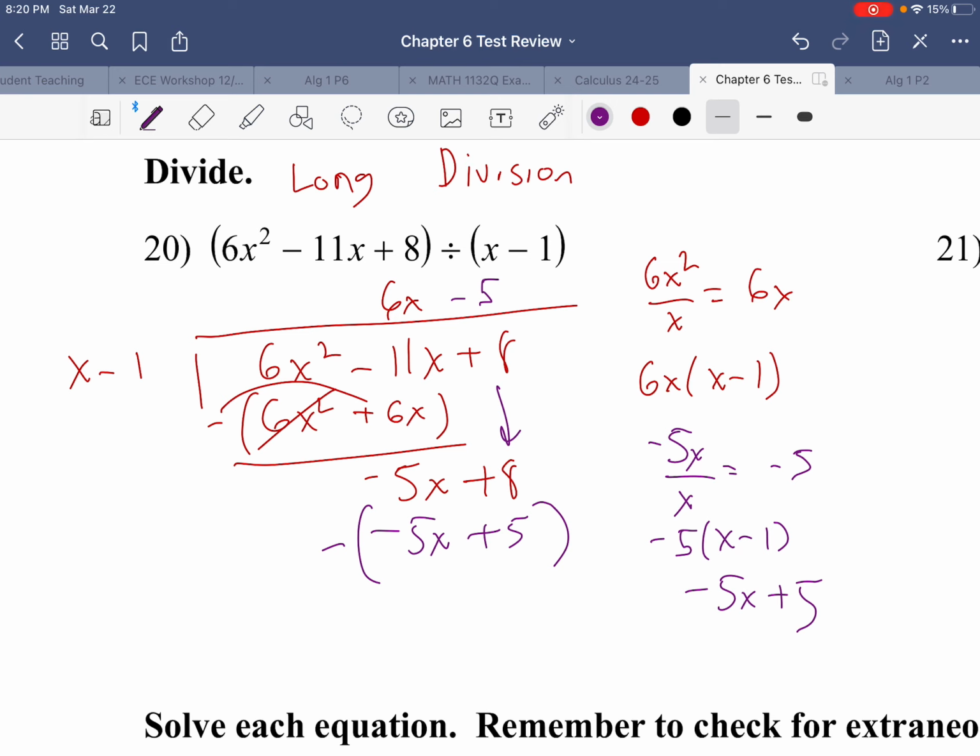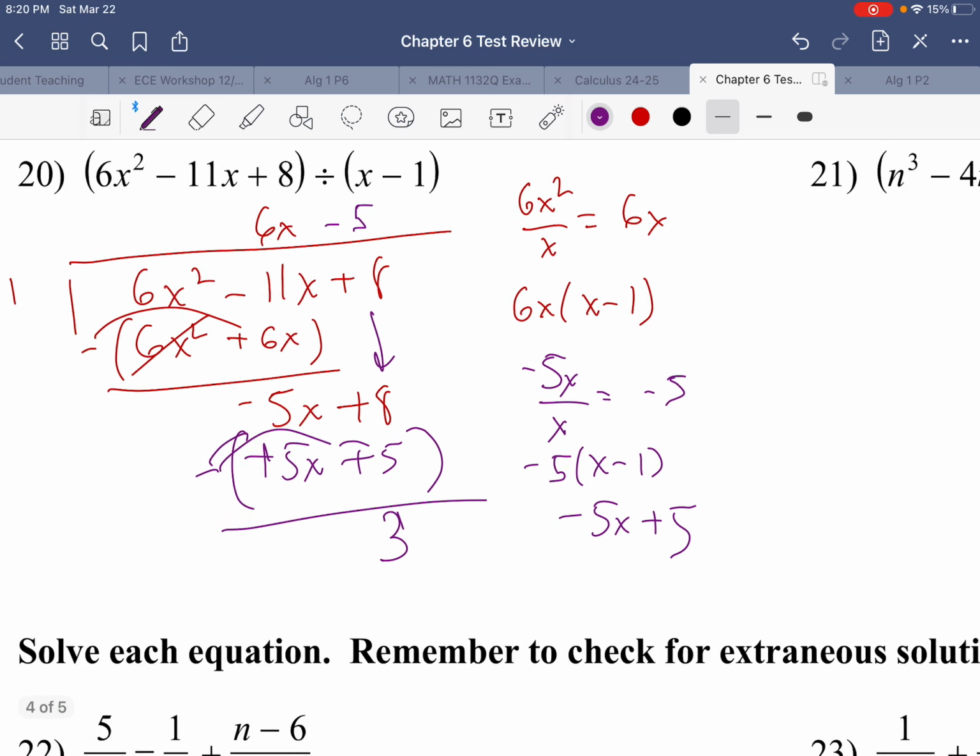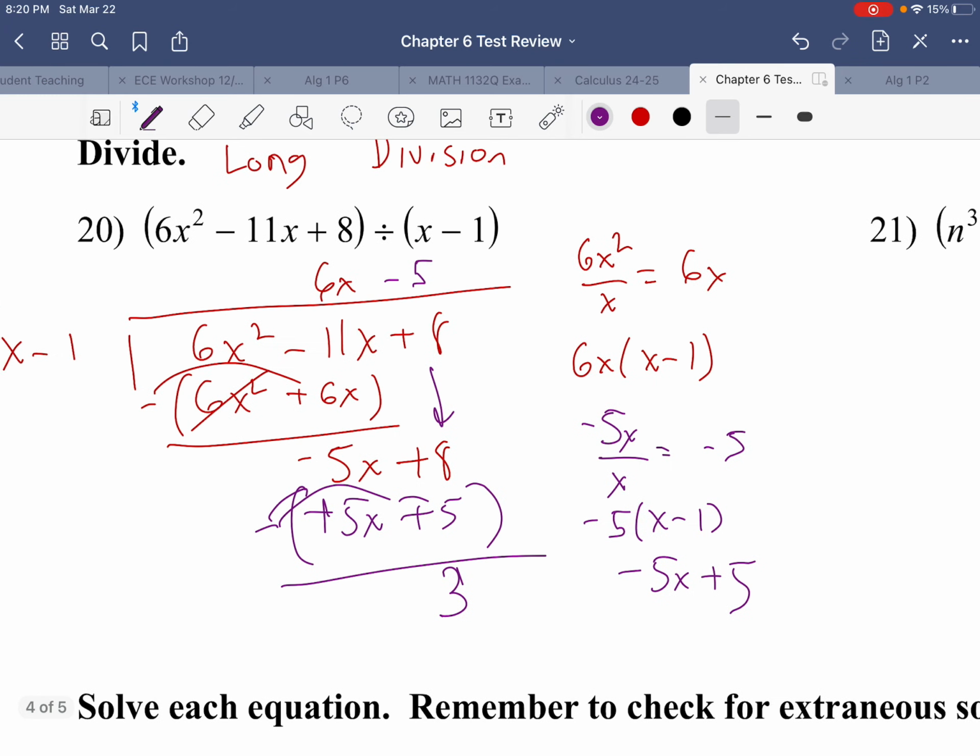When I subtract these, this would change this to a positive 5x, and it's like I'm subtracting 8 minus the 5 to get 3. So this is your remainder. If you ask me how I would write this final answer, it would look like 6x minus 5, plus 3 divided by x minus 1.